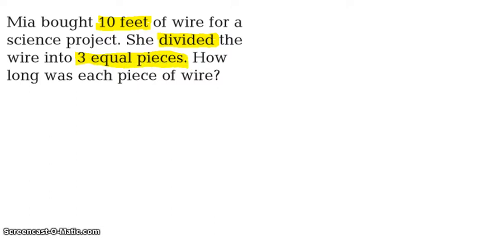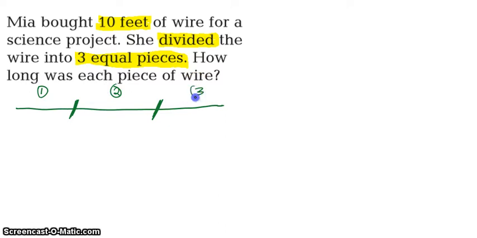So let's show a visual of what this is actually doing. Let's say this is our 10-foot long wire. You got to use your imagination a little bit with me here. And we're going to divide this 10-foot wire into 3 equal pieces. So this would be 1 piece, 2 pieces, and our 3rd piece.